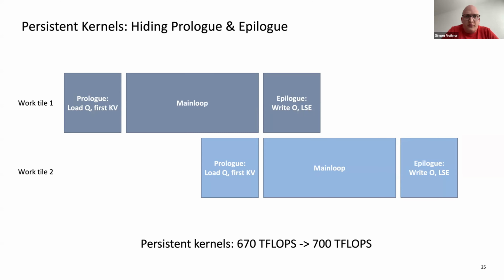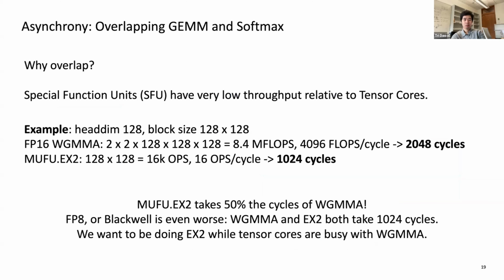And maybe one more hardware related question: do you know why the instruction for carrying out exponential is not further optimized, given that we are so dependent on this operation? Yeah, that's a great question.